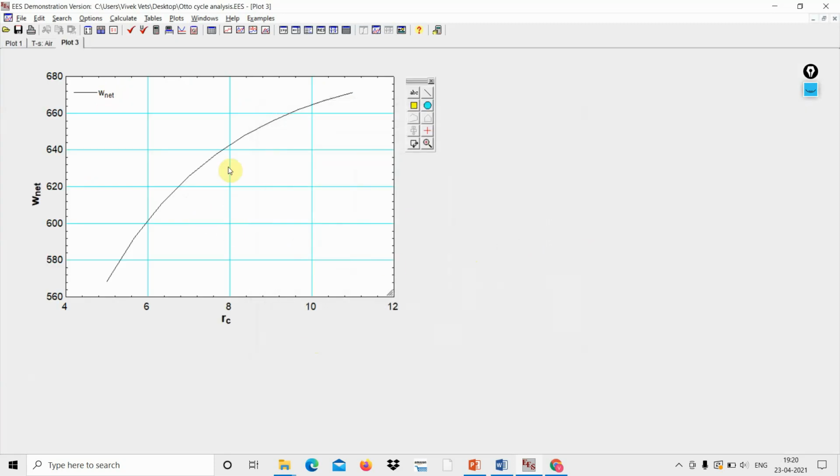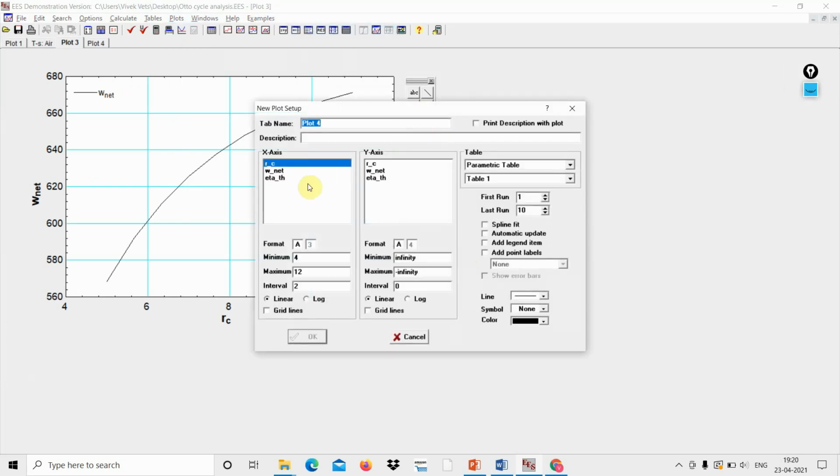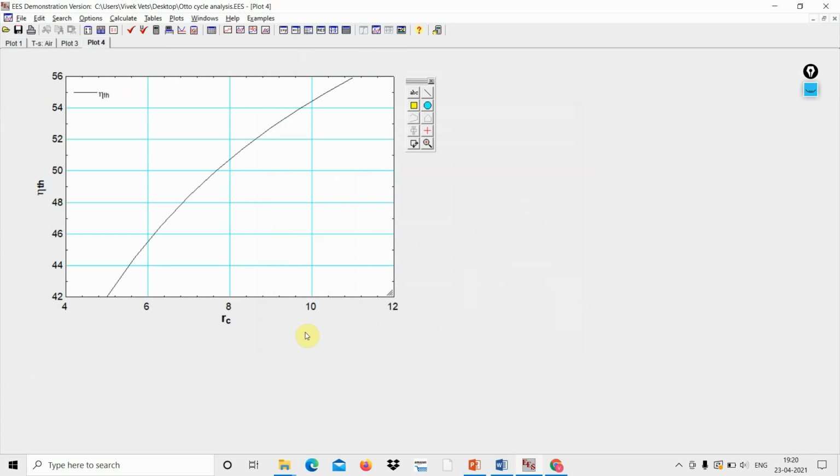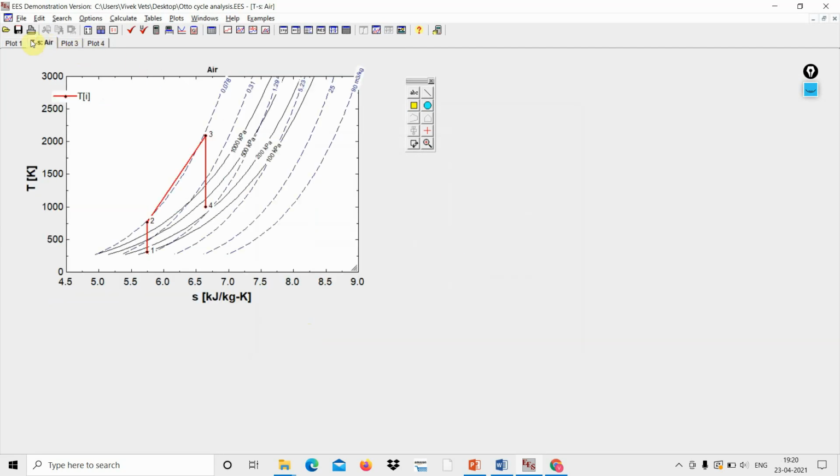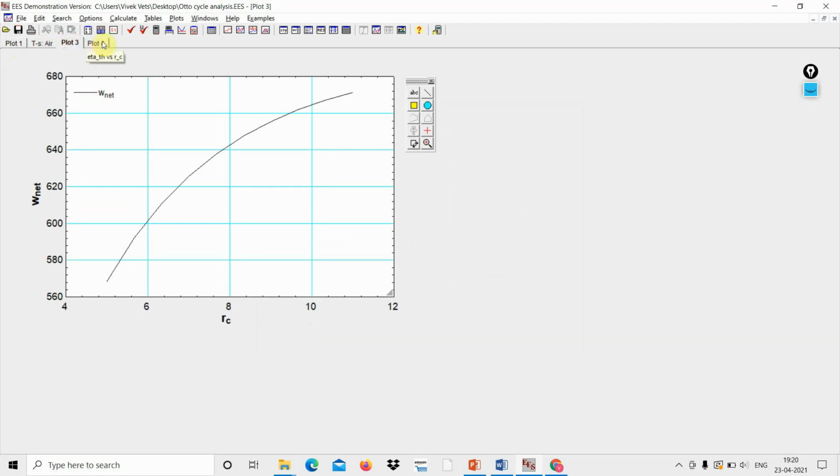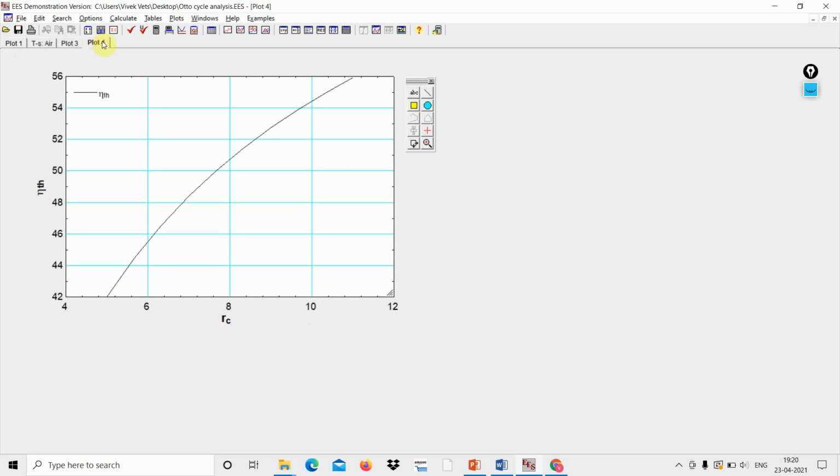Now you can see we have plotted the graph also. The eta th graph I have already plotted. Now you can see, finally we have done all the calculations and plotting of graphs.